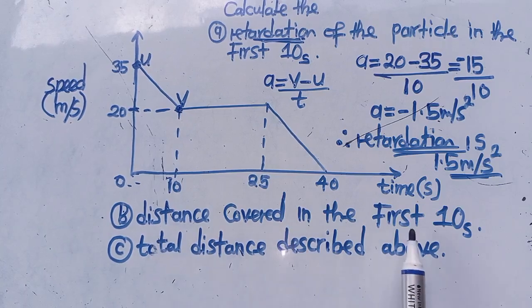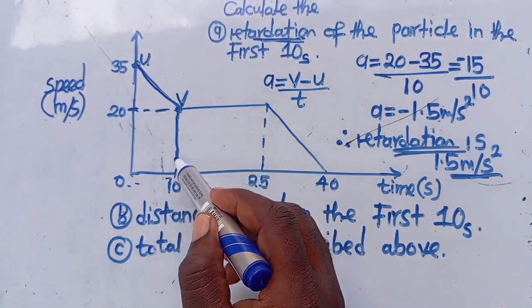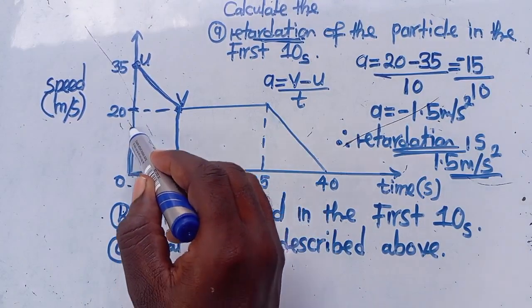Distance covered in the first 10 seconds. You are told to find the distance covered in the first 10 seconds. I remember telling you that the distance covered on the graph is just the same as the area. So area is equal to distance on the graph. This is the first 10 seconds.